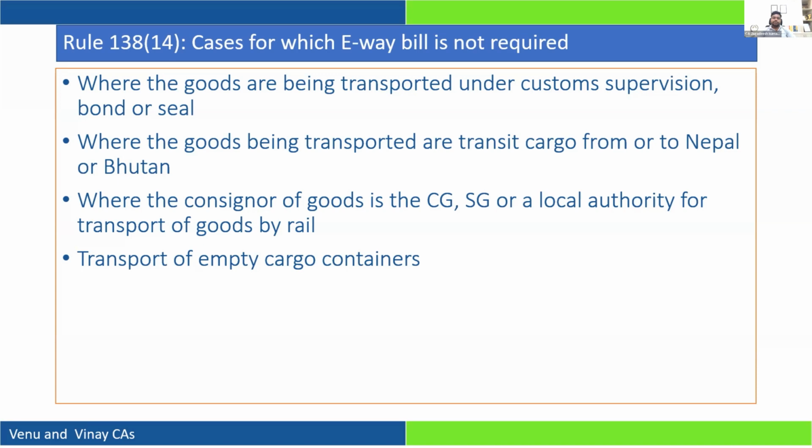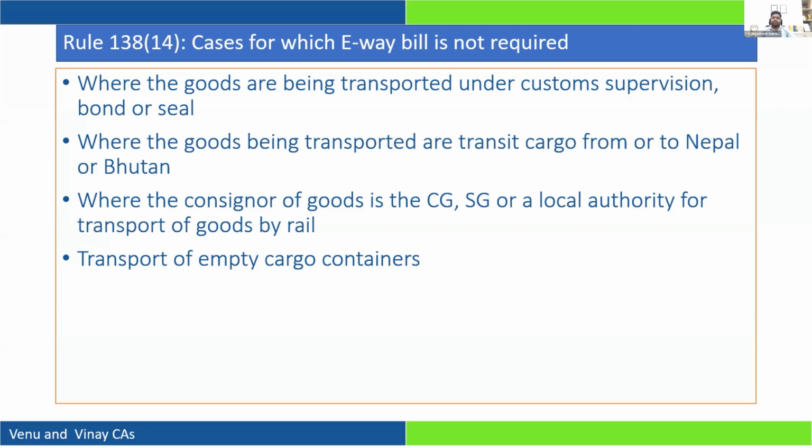Then goods being transported as transit cargo, in case of transit cargo shipment from or to Nepal or Bhutan. Let's take one of the parties located in Nepal who has imported goods from China or some other part. The goods will first be imported into Kolkata port.